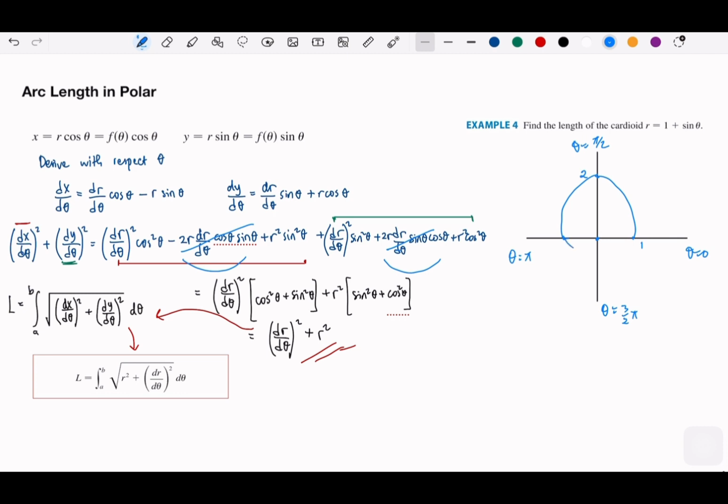And then it will have a loop that looks like a cardioid or heart. Now, if you would like to calculate the length, because this is going to be a full circle, we can check within this formula.